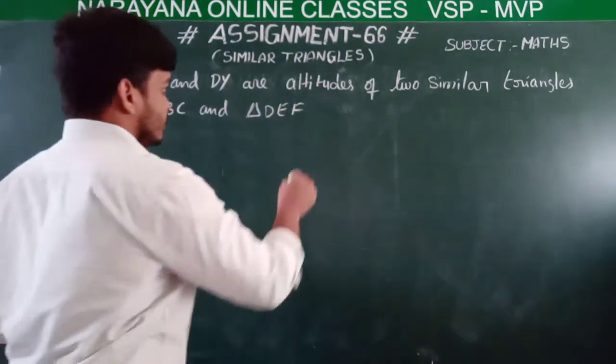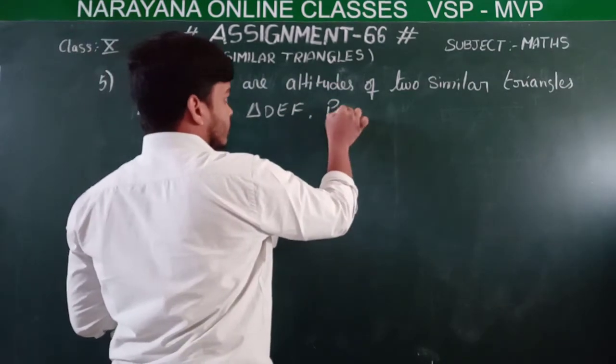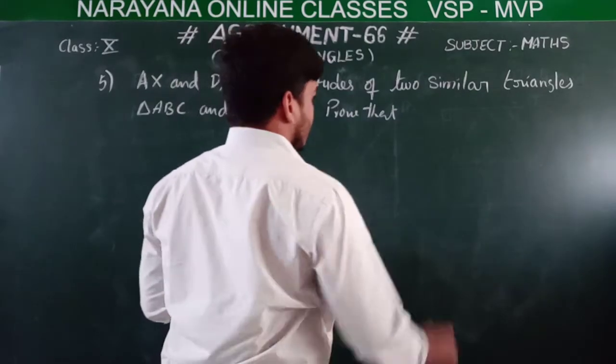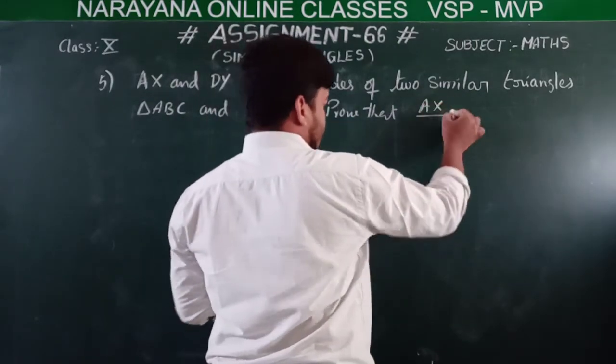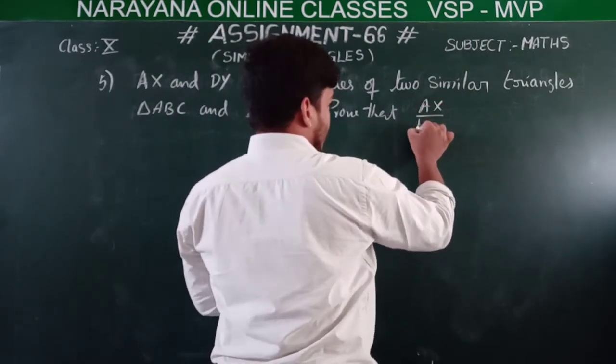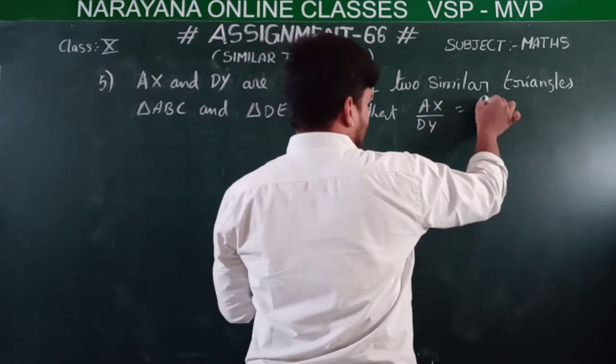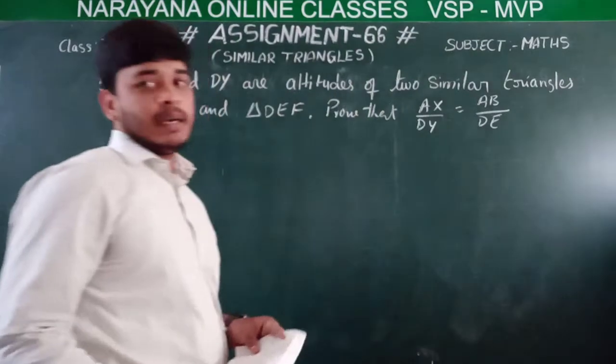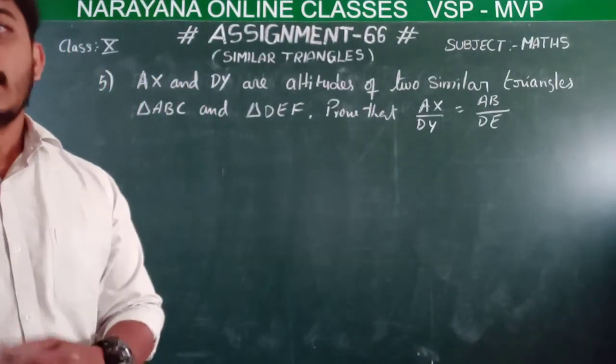Prove that AX by DY is equal to AB by DE.